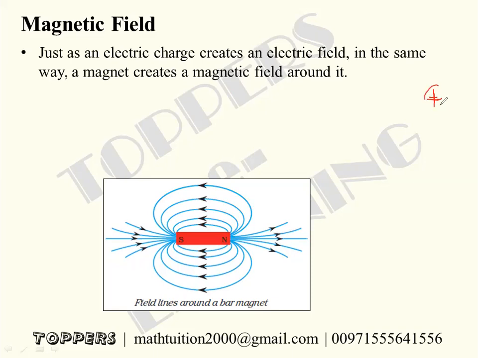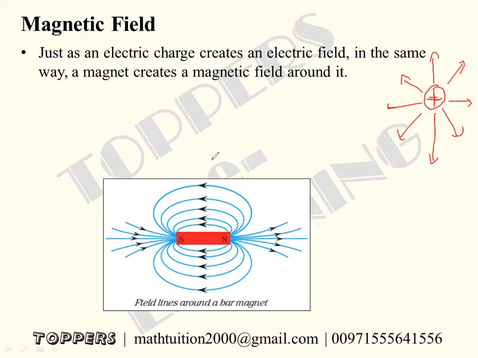There will be an electric field around this charge. Similarly, a magnet creates a magnetic field around it. So this red color is a bar magnet. This is the south pole and this is the north pole. Around this, in blue color, you can see the magnetic field lines.